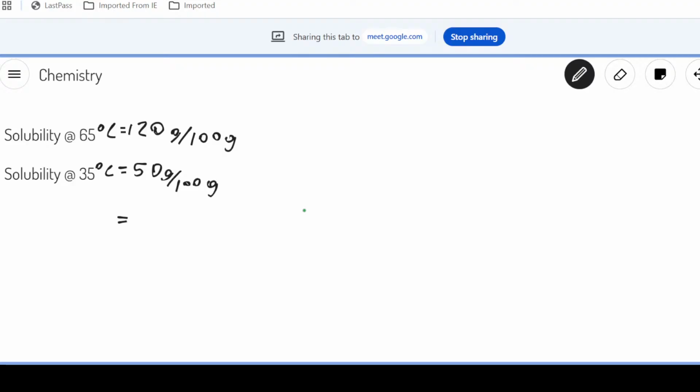So 0.5 moles. But note that this moles is in a certain volume. That mole was in the volume. What volume?